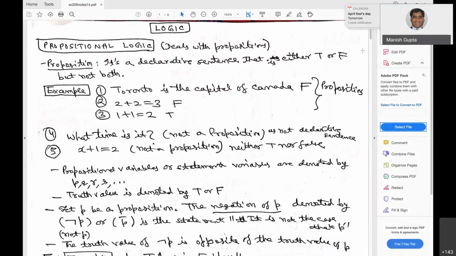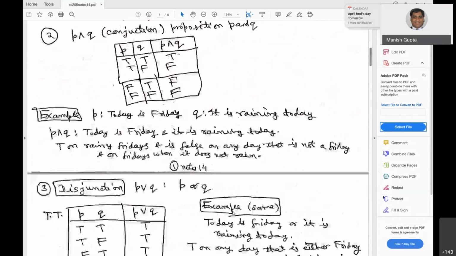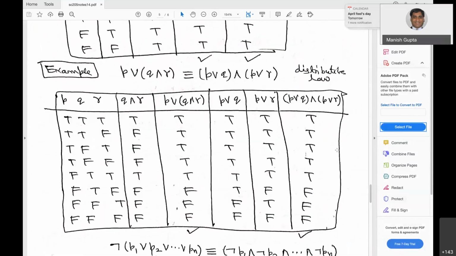Yes, so from these notes, you can check that for the distributive law we can make a similar table. P join Q meet R is logically equivalent to P join Q meet P join R. In the distributive law, you can see that these two columns are matching.